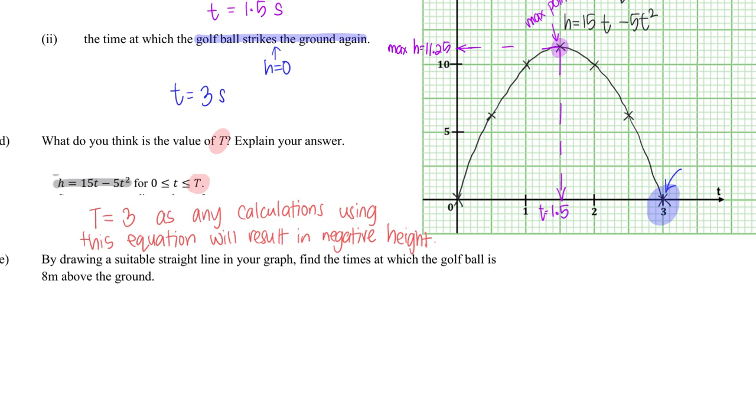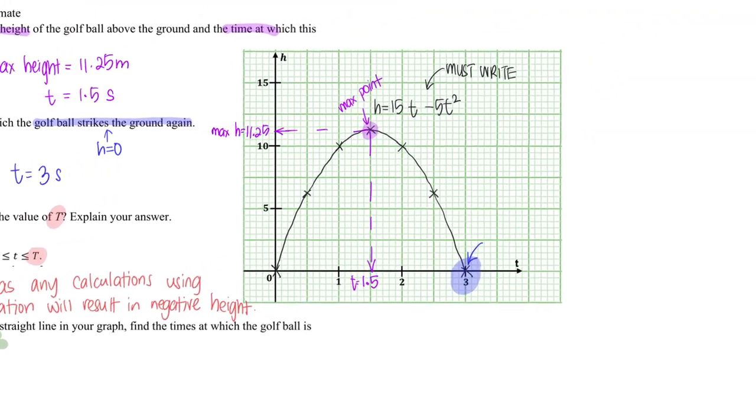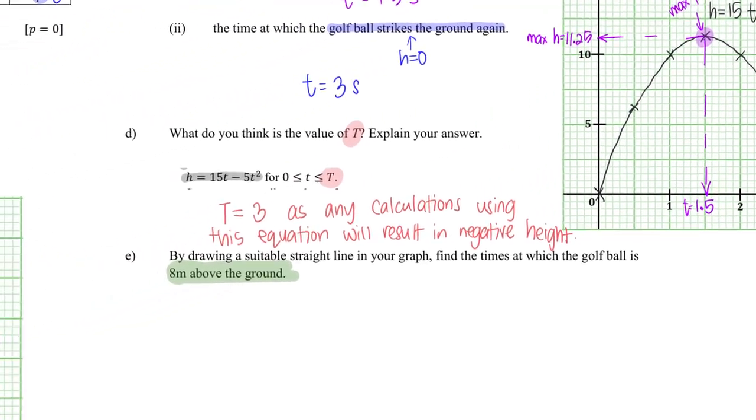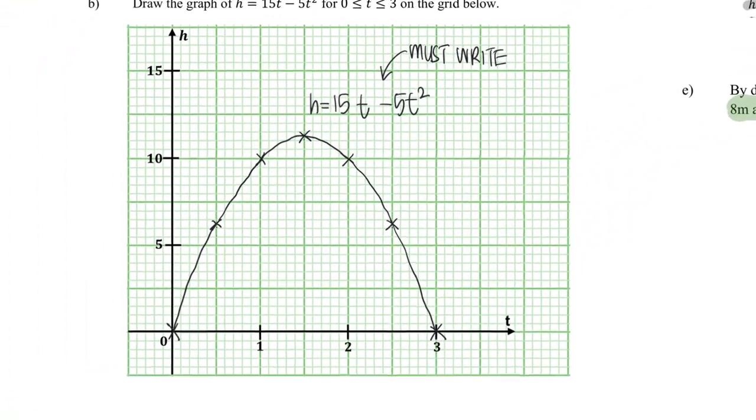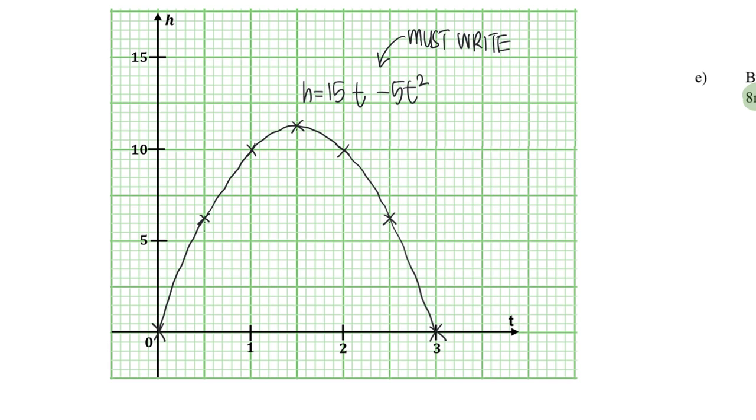By drawing a suitable straight line, find the times at which the golf ball is 8 meters above the ground. That means I need to go over to here. 8 meters. Let's see where I can draw that line: 5, 6, 7, 8.